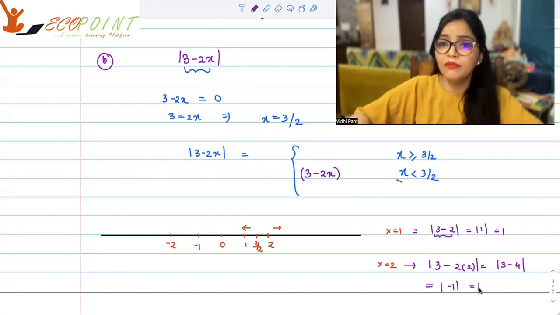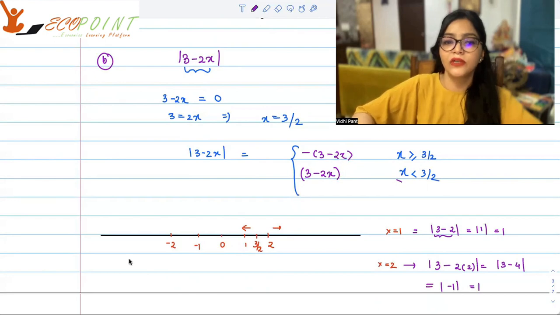Now, how will mod of minus 1 become 1? It will only happen when I will have a minus sign outside. So when you have x greater than or equal to 3 by 2, minus of 3 minus 2x comes out.